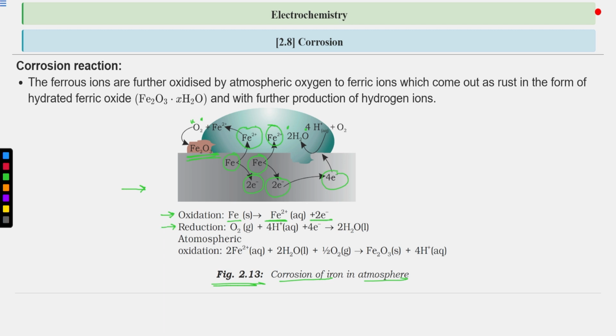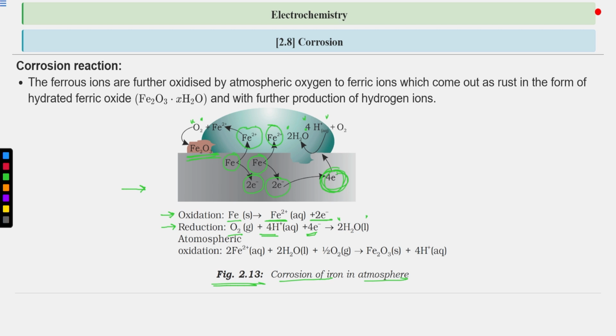So the oxidation which is happening is iron converting to Fe2+ ferrous ions and producing 2 electrons. Similarly, the reduction which is happening is oxygen reacting with 4 protons and 4 electrons. These 4 electrons we get after the oxidation of the iron atoms. They will react with the atmospheric oxygen and 4 protons and become 2 molecules of water.